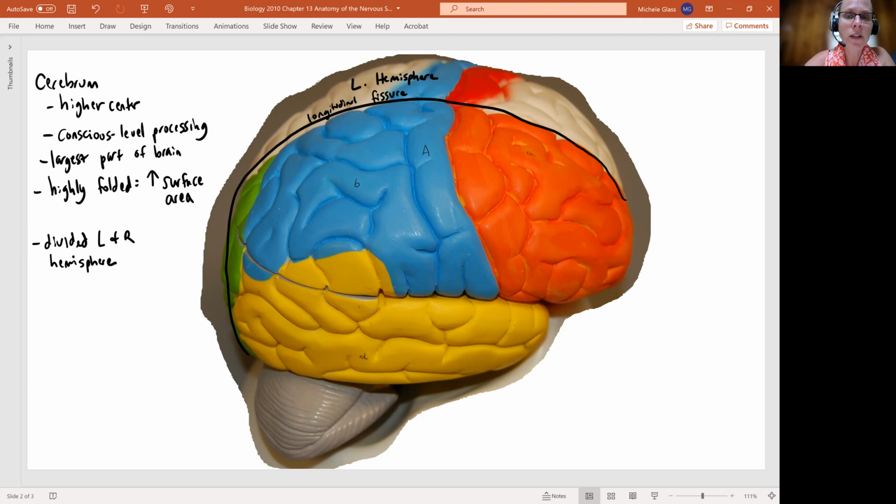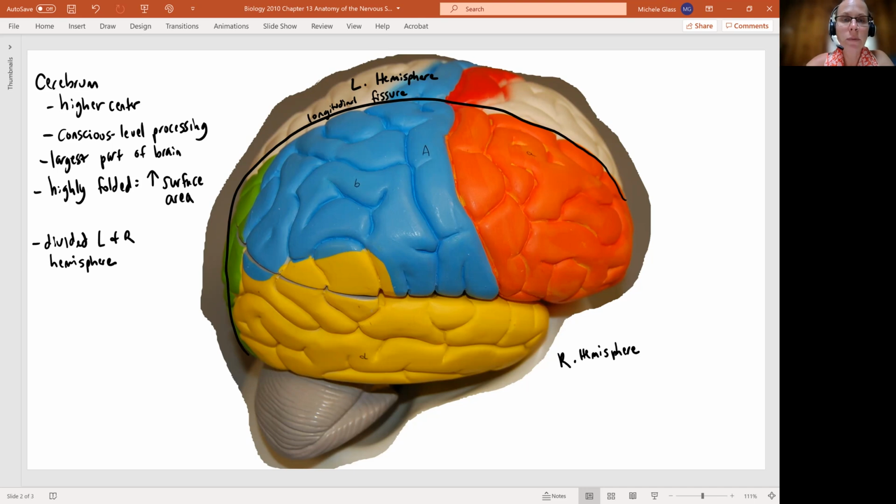The left hemisphere and the right hemisphere are divided by this longitudinal fissure. And I'm going to label right hemisphere down below so I have room to label all of my lobes.